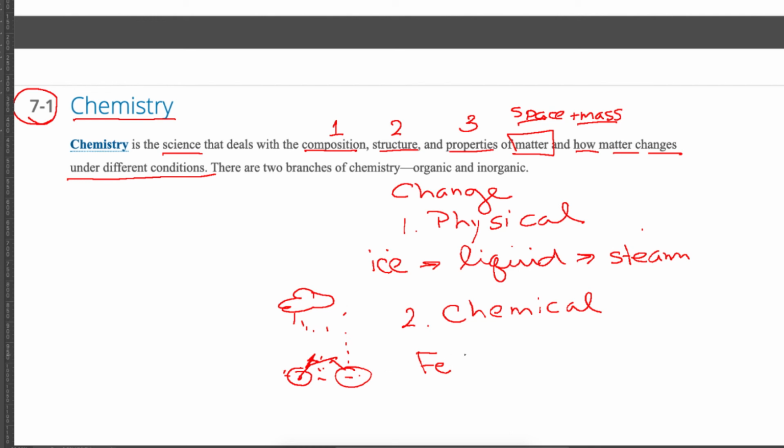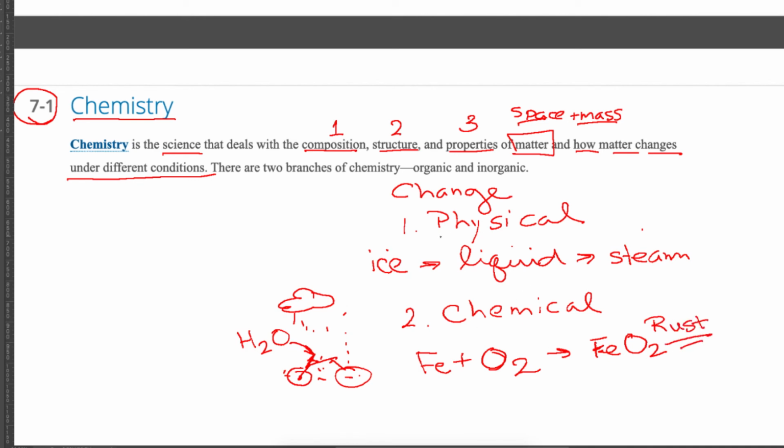So the metal combines with oxygen, and that oxygen is in the water, H2O, and so this oxygen hits the iron, and what we get out of that is ferric oxide, FeO2, and that is called rust. Okay, and that is a permanent change.